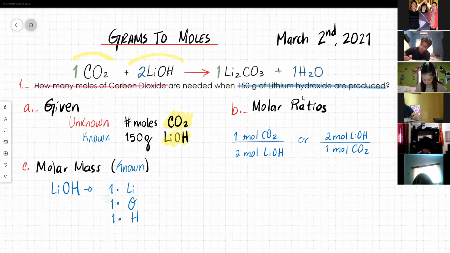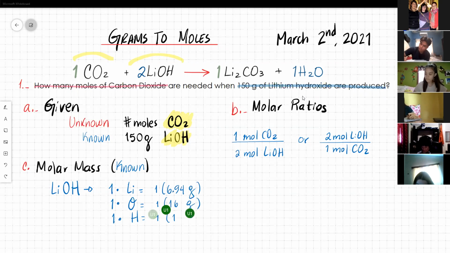So when you get this molar mass, you will have 1 times 6.94 grams. You get this from your periodic table, remember? Oxygen, I rounded to 16 grams. And hydrogen, I rounded to just 1 gram because I'm that kind of lazy. So what is the molar mass of LiOH?